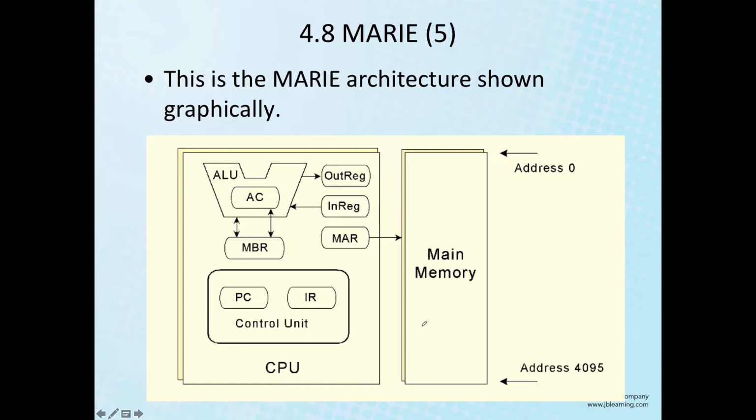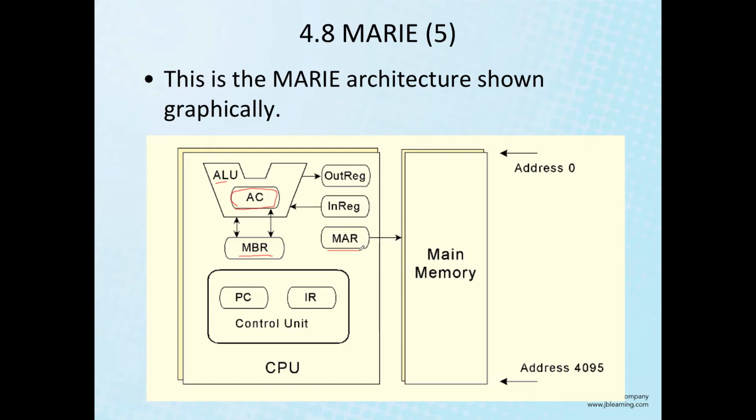Here is the very simple architecture shown graphically in the MARIE simple model. The arithmetic and logic unit has a widely used register called the accumulator. Then the data is stored in MBR before it's stored into main memory, or the result and the like.